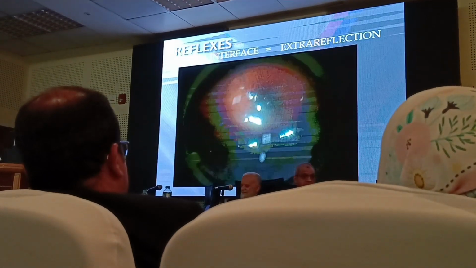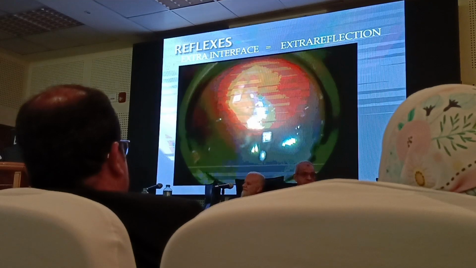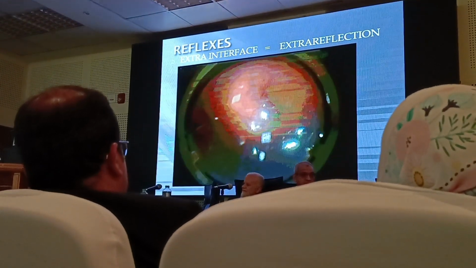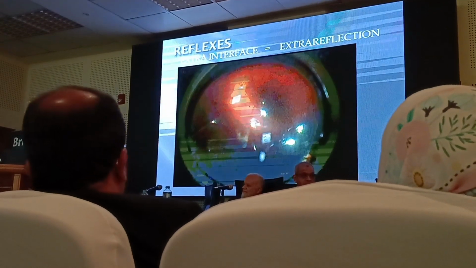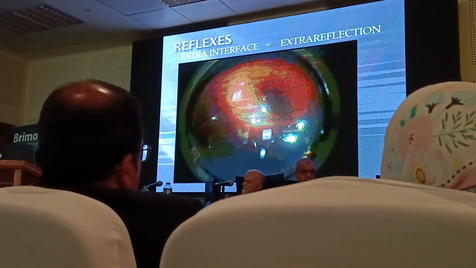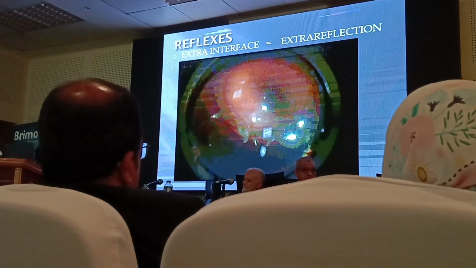So you have to redirect your light to avoid the reflexes. Actually, this is more than any reflex that you have during fluid air exchange without perfluorocarbon liquid.